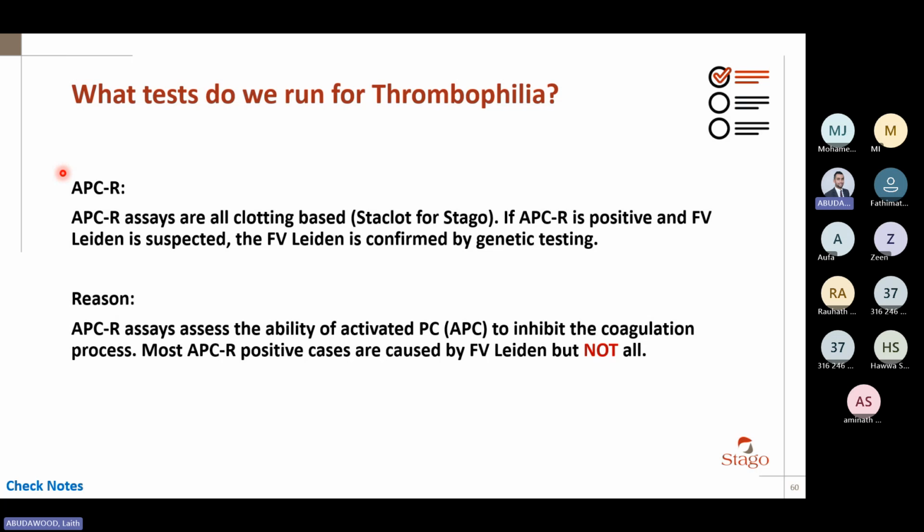Some people have a mutation in factor 5 in the place where protein C cuts factor 5. So protein C goes to do its job, goes to the place where it needs to cut factor 5, but it does not recognize this factor 5. This factor 5 looks strange: I will not cut it.